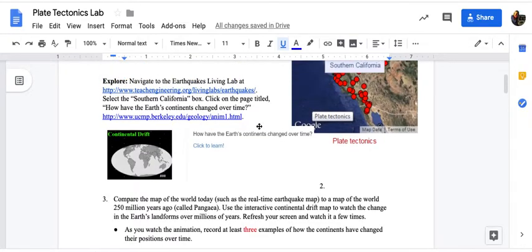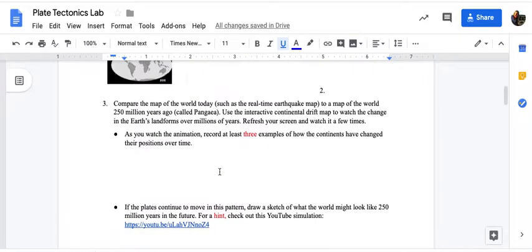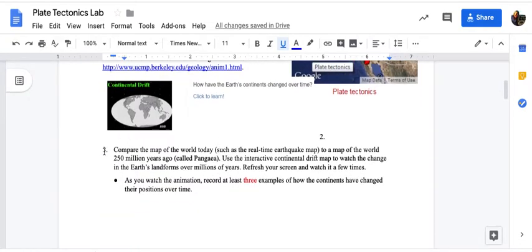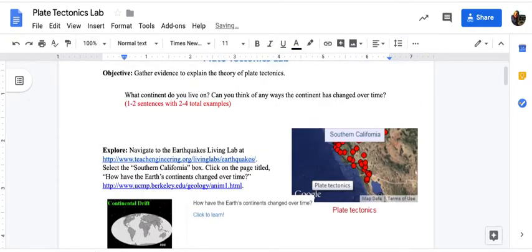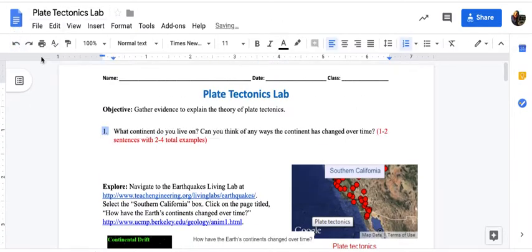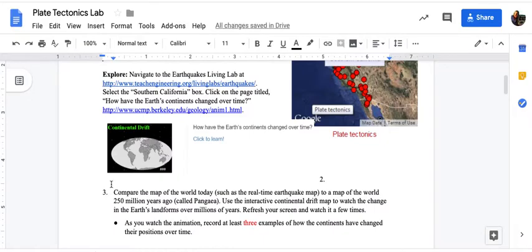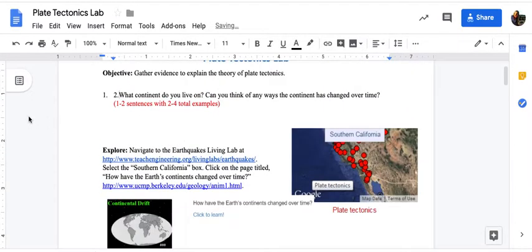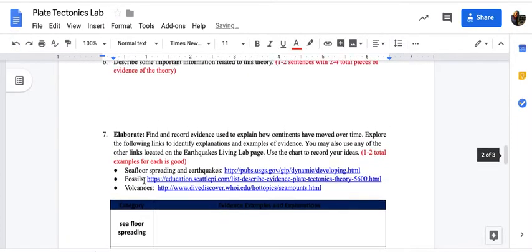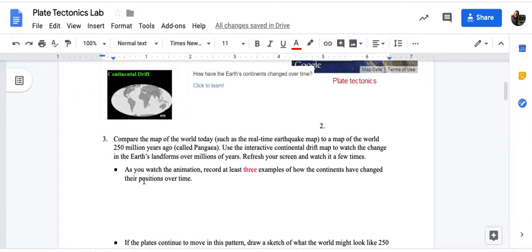There's no question right here that you need to complete, so you're going to move down to, oh, it says number 3. I will get that changed so it says number 2, so that on your paper it says number 2, so you're not thinking that you're missing a problem. There is no question for number 2.